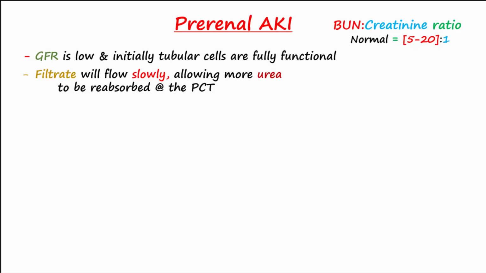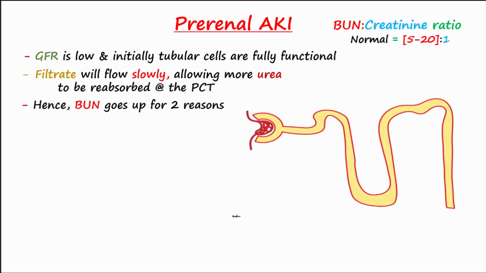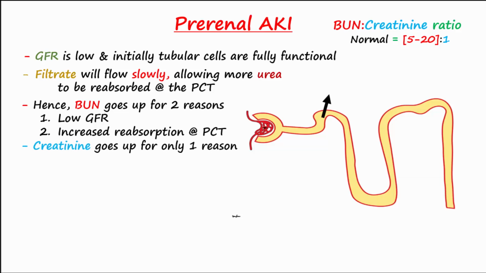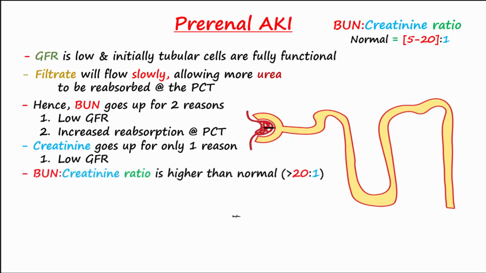So with prerenal, BUN goes up for two reasons: low GFR and increased reabsorption at the PCT. Creatinine only goes up for one reason: the low GFR state, since it's not reabsorbed. Hence, with prerenal AKI, the BUN to creatinine ratio is higher than normal and is usually greater than 20 to 1.